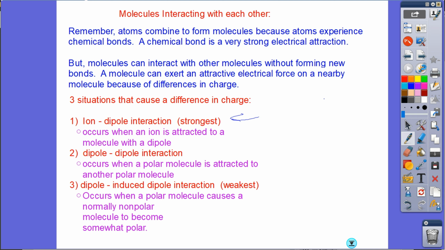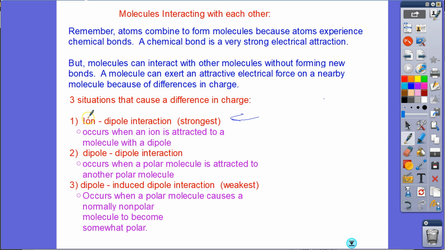to a molecule with a dipole. The next strongest way that a molecule could be attracted to another molecule is with one dipole being attracted to another dipole, or a polar molecule being attracted to another polar molecule.